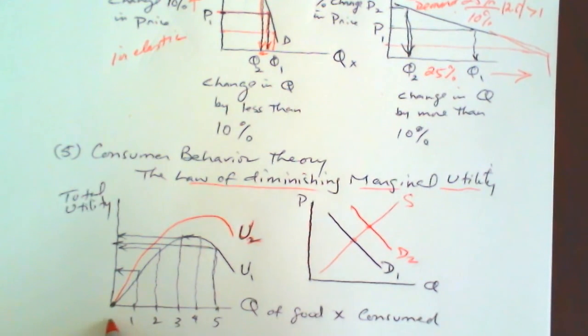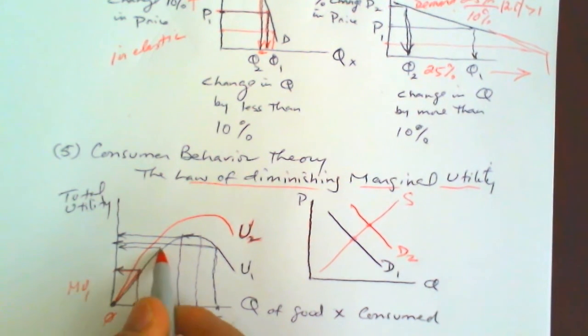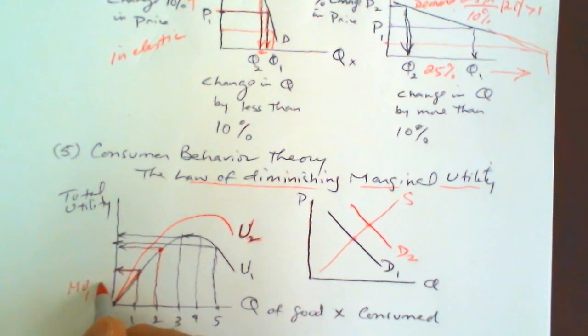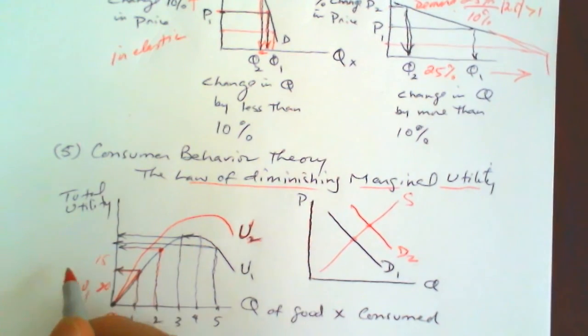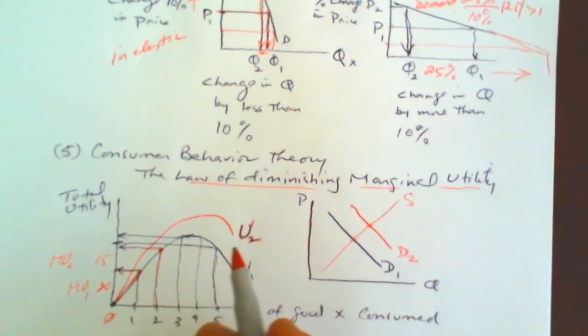So as we go from 0 to 1, there is a growth in utility, and you measure it here, and this would be the marginal utility of 1 unit consumed. And then if you consume 2 units, there will be additional marginal utility. Let's say in this case, if this was 20 units, here is 15, so the marginal utility of 2 is 15 utiles. A utile is an imaginary unit of measuring someone's happiness or satisfaction with the consumption of a product.